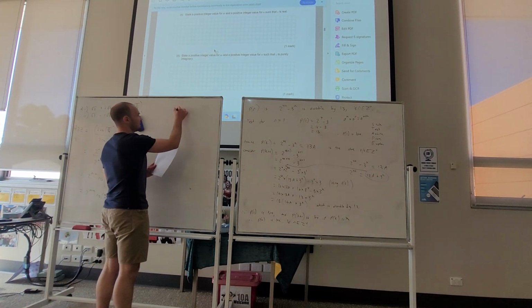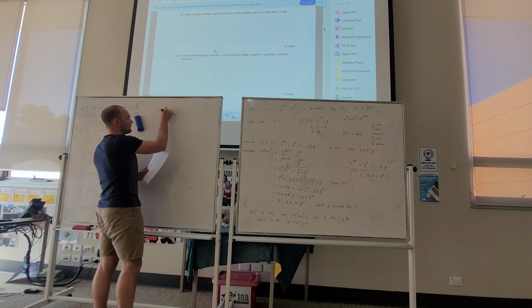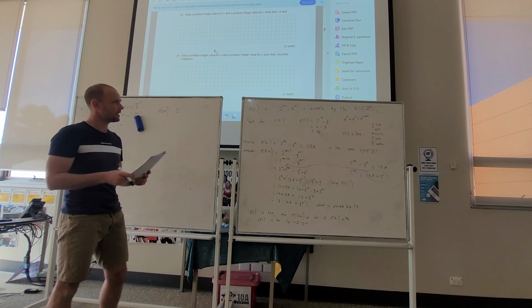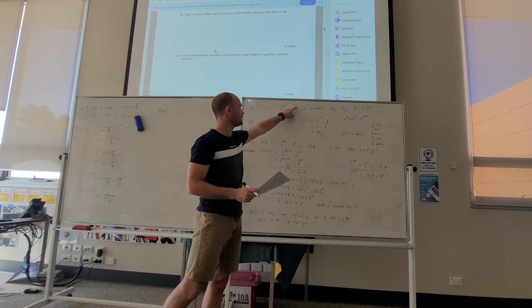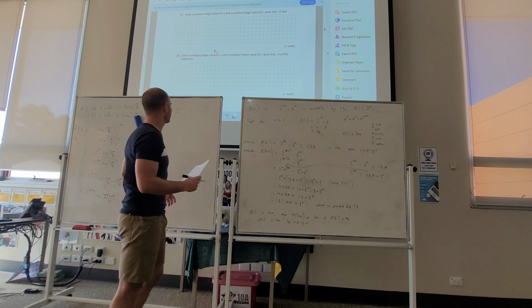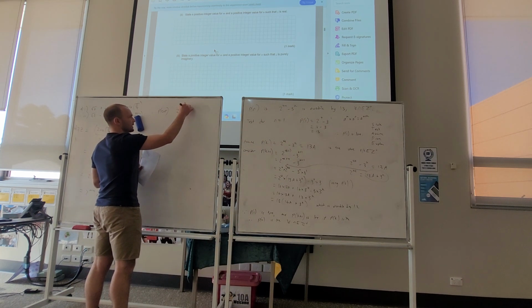So what we should see is that P of 505, if we have n is 505, 4 times 505 is 2020.